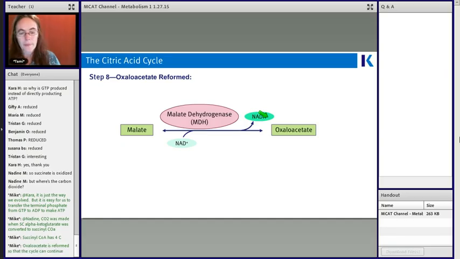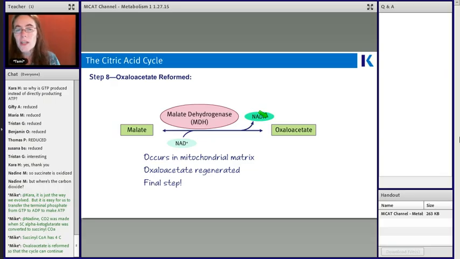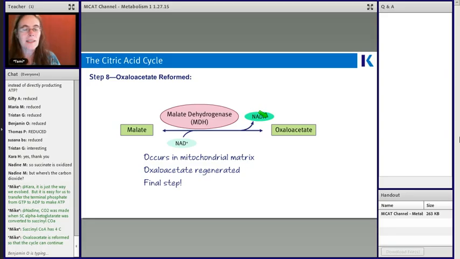Okay, so as we look at this, this occurs in the mitochondrial matrix. Oxaloacetate is regenerated, and this is our final step. Now, they could ask us a simple question like, which is the only enzyme in the citric acid cycle that does not occur in the mitochondrial matrix?